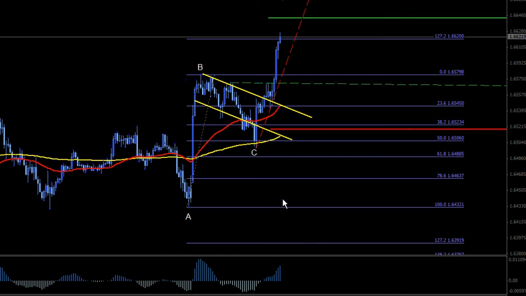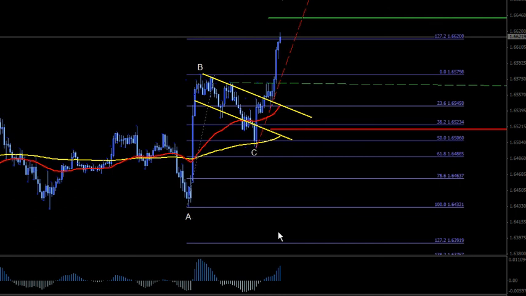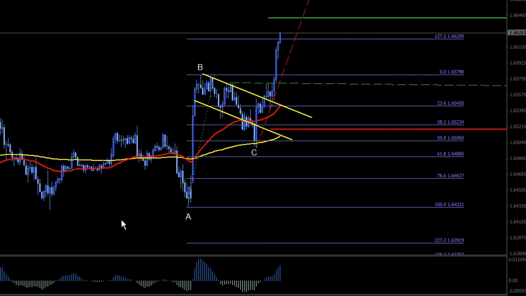So there were 3 things supporting this long trade. You can still trade these ABCs without the hidden divergences, but to add probability to your side, having the hidden divergence in your favor is always best.